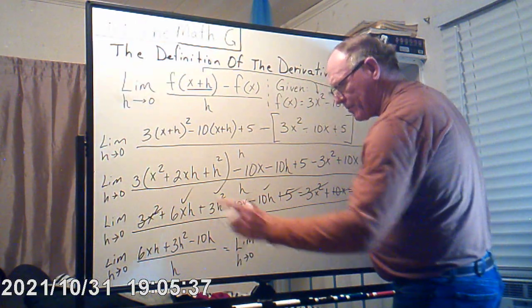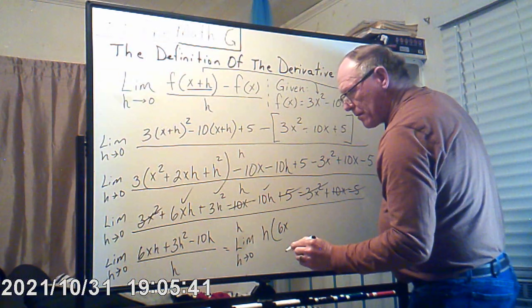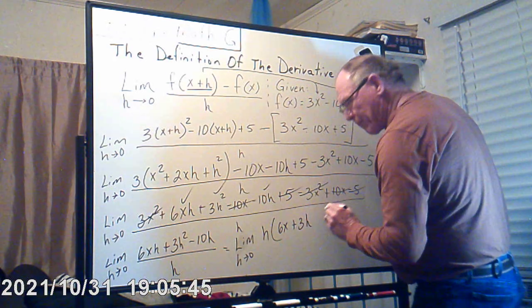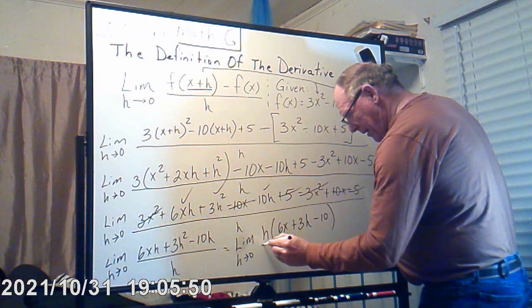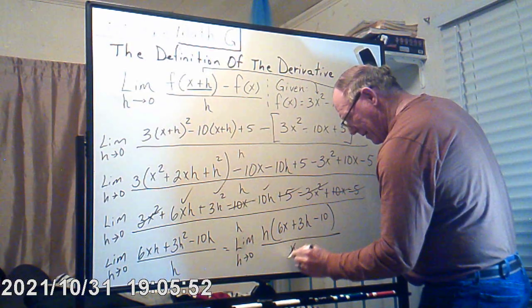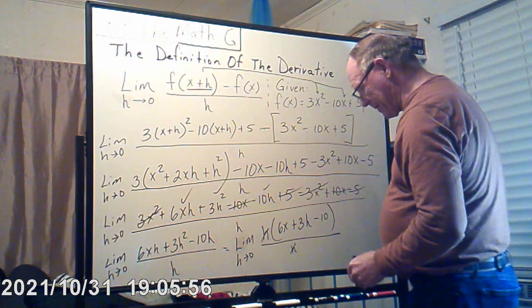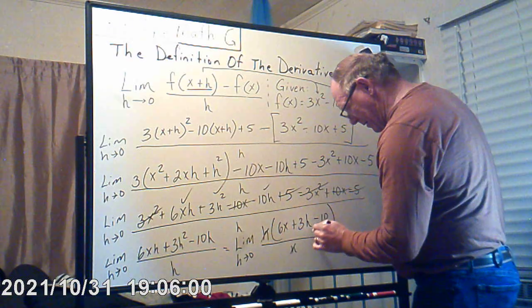So h times 6x plus 3h minus 10, now over h. The h's cancel out.